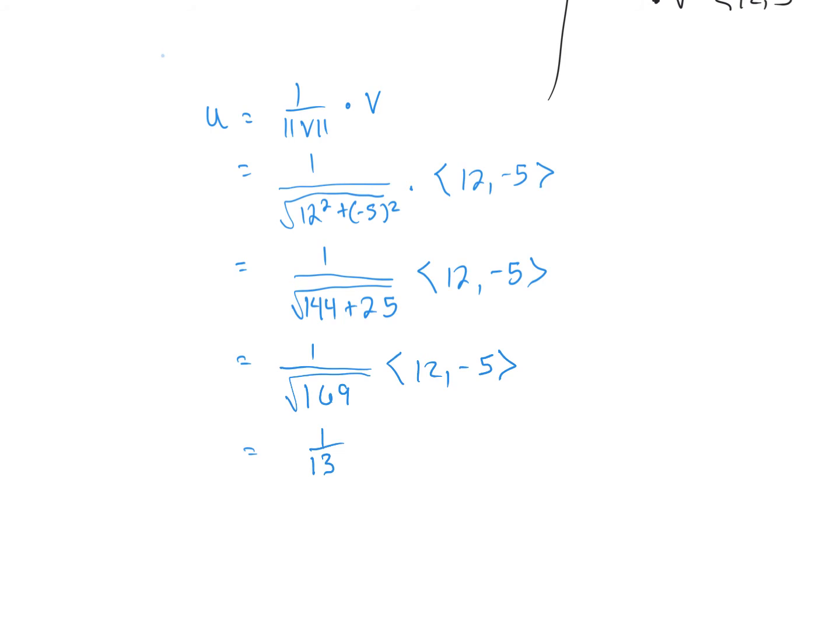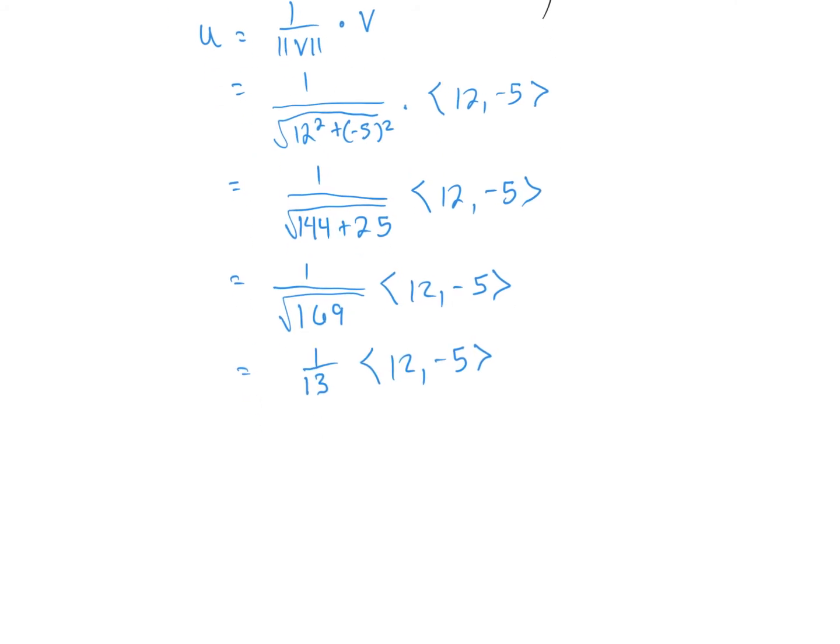So now 1/13 times 12 and negative 5, well, it doesn't divide evenly, so I'm just going to leave it as fractions. So u should equal 12 over 13 and negative 5 over 13, just like that.